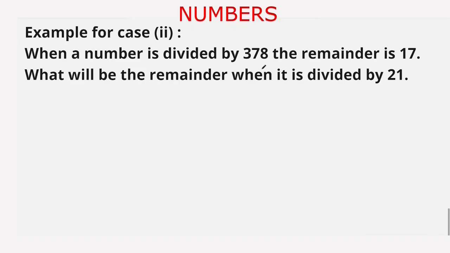The first divisor x given to us is equal to 378, and for this the remainder a is equal to 17, and the second divisor y is equal to 21. Now we have to find, if that number is divided by 21, what will be the remainder?